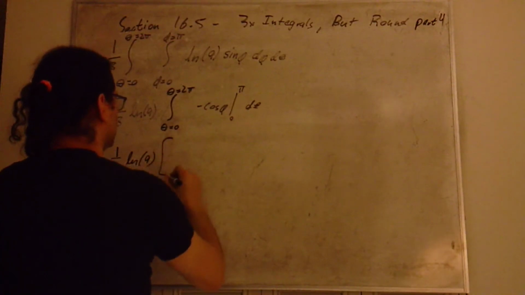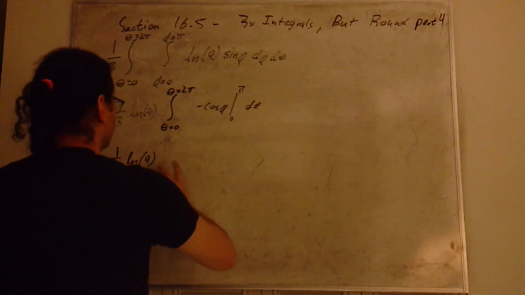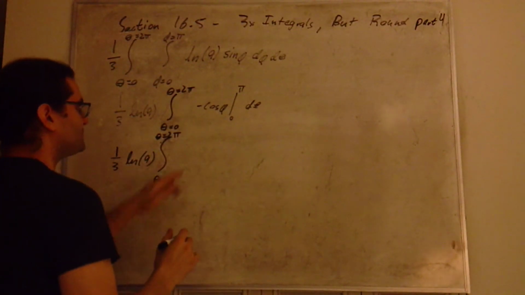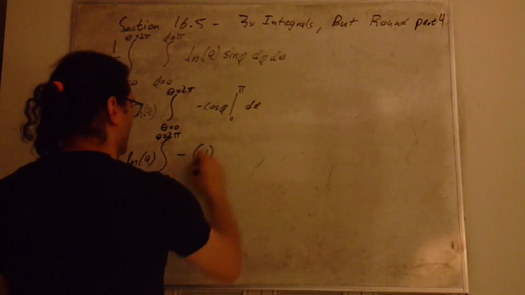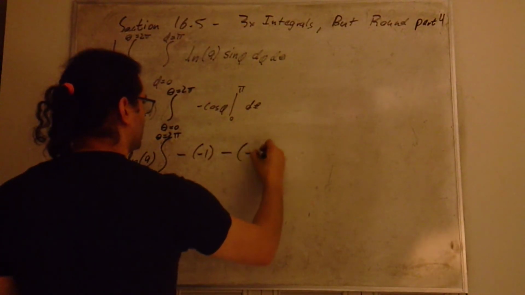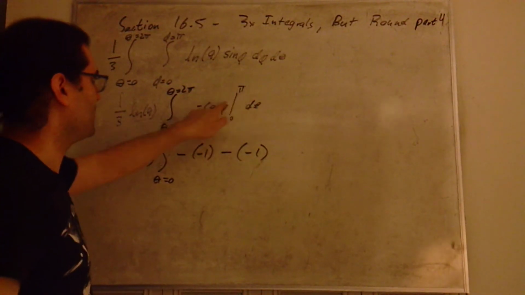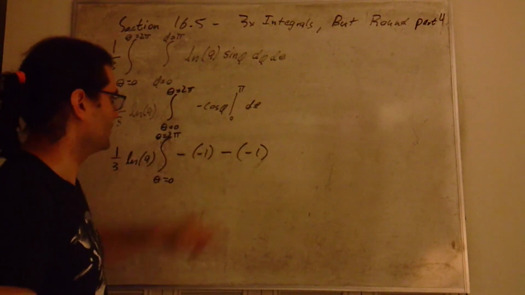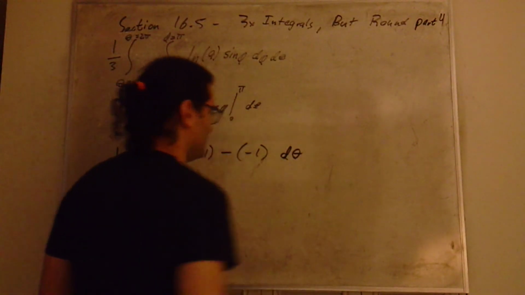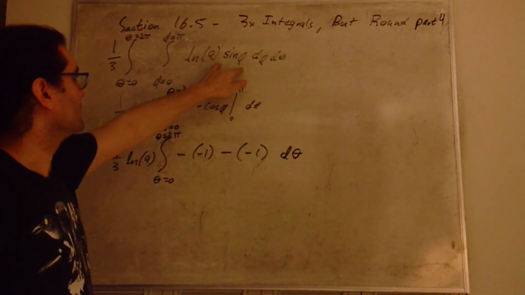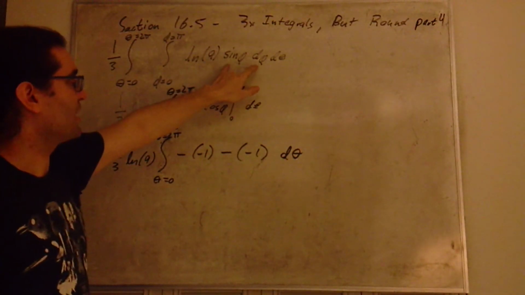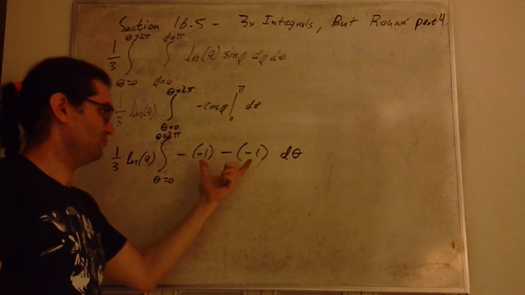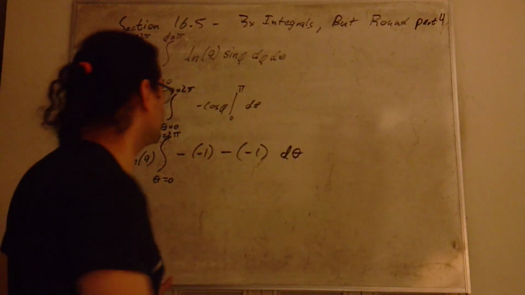Theta still goes from 0 to 2 pi. Plug in pi, we get negative 1 minus, plug in 0, we get negative 1. d theta. So generally speaking, if there's nothing else going on here, the integral of sine of phi d phi from 0 to pi will always give you 2, which is nice.